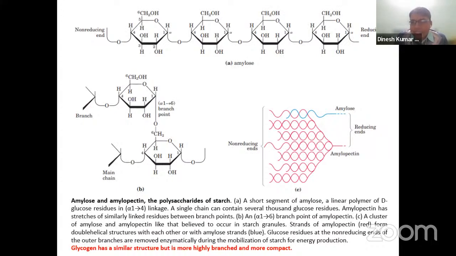And on the right hand side, if no sugar is attached and it is the free carbon, carbon number 1, it will have the aldehyde group of the glucose free. So it is the reducing end, and on the left hand side, it is the non-reducing end. And these sugars are joined with the alpha-1,4 glycosidic linkage. This is a linear structure, but this starch forms a branch chain also.